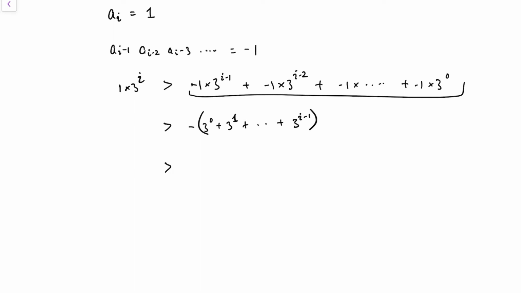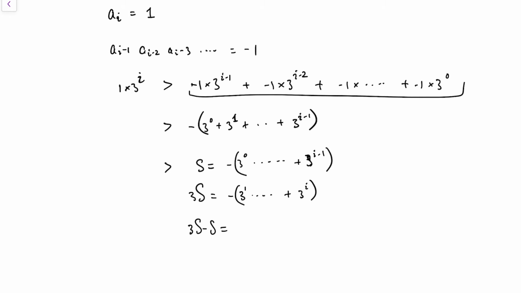So you have this. So let's say s equals negative 3 to the power of 0 plus 3 to the power of I minus 1. And then 3s equals negative 3 to the power of 1 plus 3 to the power of I. And then 3s minus s equals, all of these parts cancel out, as well as this one, because it'll cancel out here, this one as well.